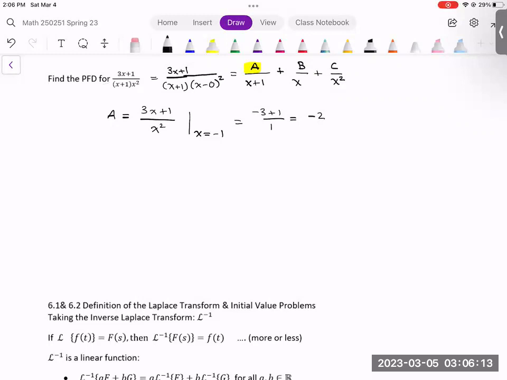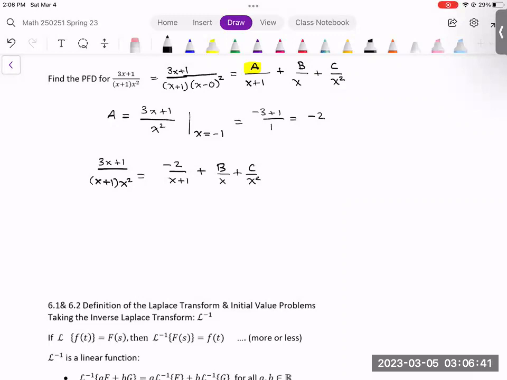Now, to go forward, we are going to have to combine our fractions. So we have 3x plus 1 over x plus 1 times x squared. It's going to be -2 over x plus 1 plus bx plus cx squared, c over x squared. We're going to multiply both sides by this x plus 1 times x squared.